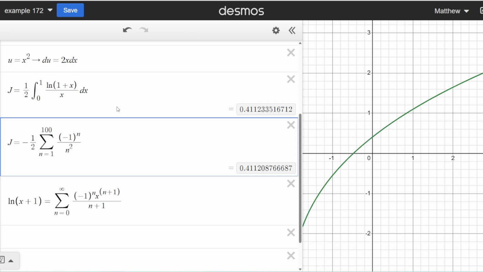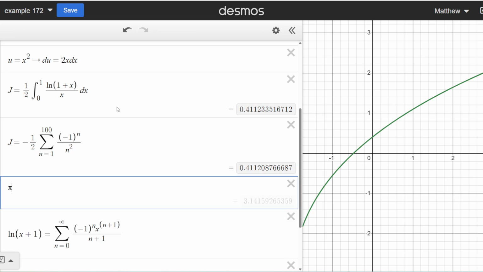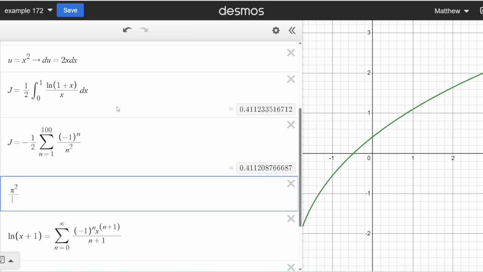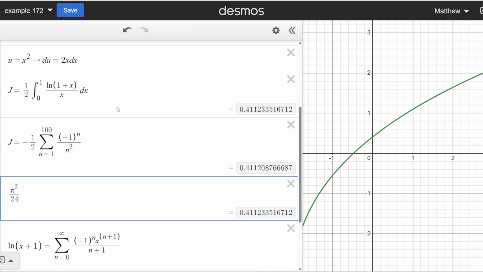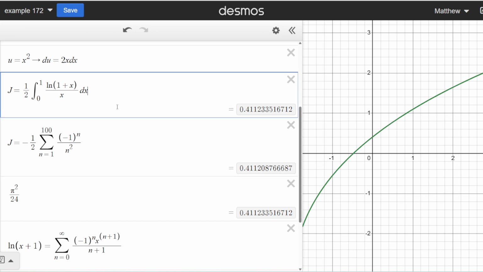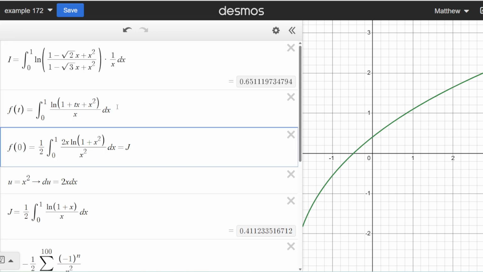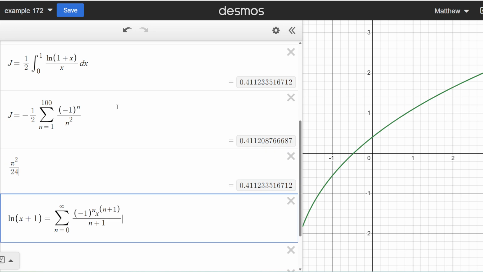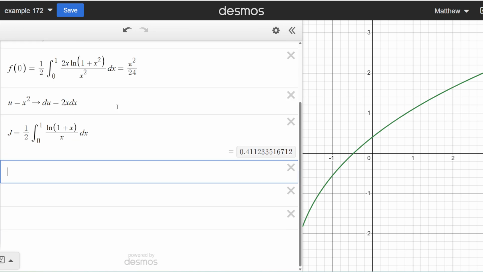And I believe that is pi squared over 12. So the whole thing should be pi squared over 24, and it is. So we can just say that this is pi squared over 24. So all that just to find our f at 0.